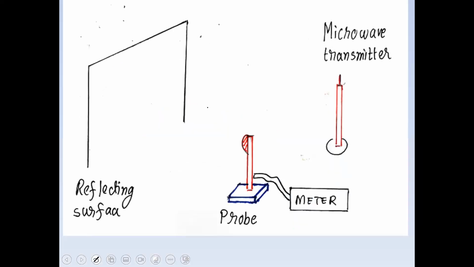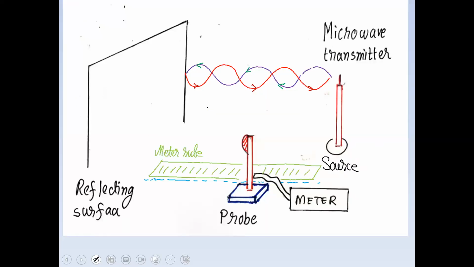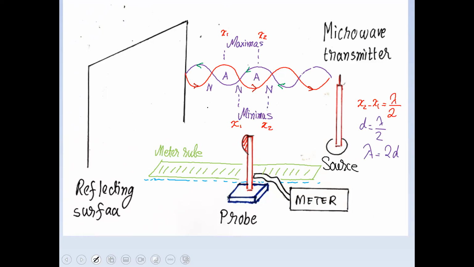This was the apparatus: microwave transmitter, a probe, and a reflecting surface. Now we establish a stationary wave. Then what was the procedure? How do we determine the wavelength? We have to move the probe along a meter rule, and we will detect successive nodes and antinodes by the meter.